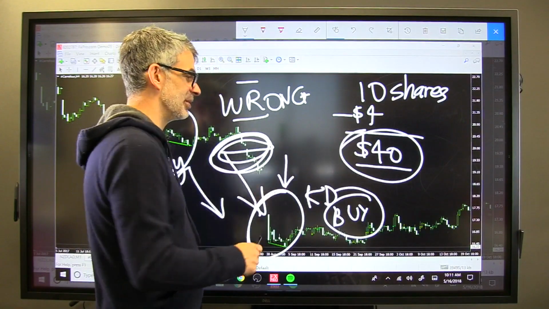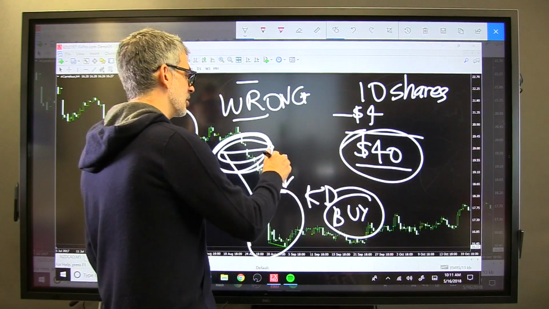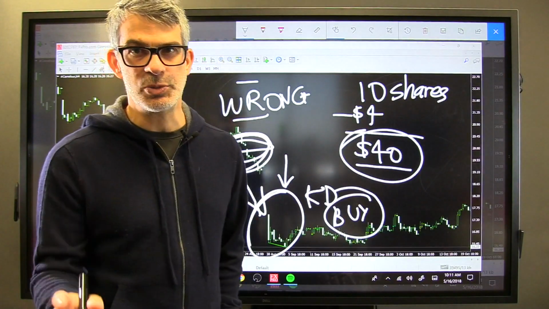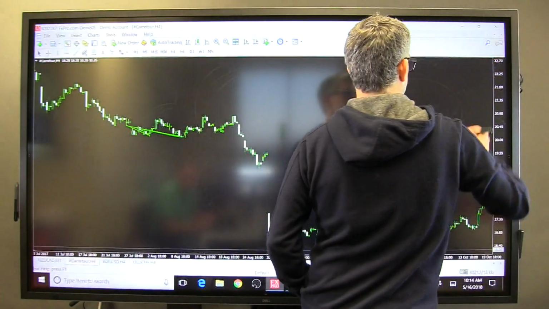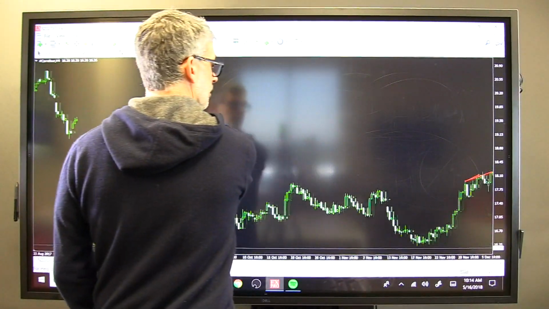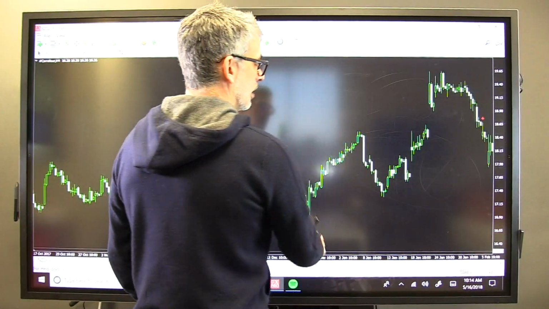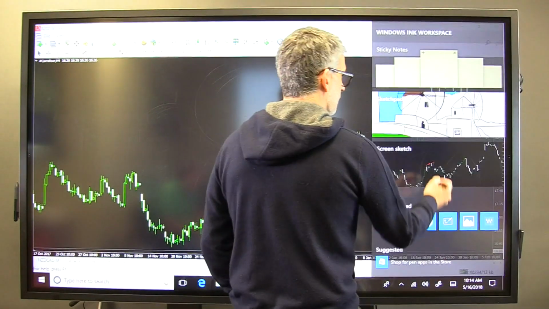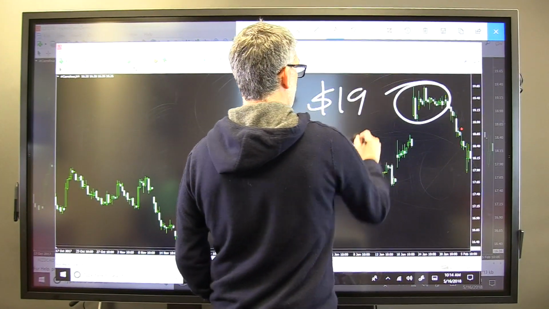You're going to bring things into your inventory, and the better the price gets, the more you're going to bring in, and you're going to do it in small, tiny, little bits at a time. And then you might wait on price coming back up to $19.